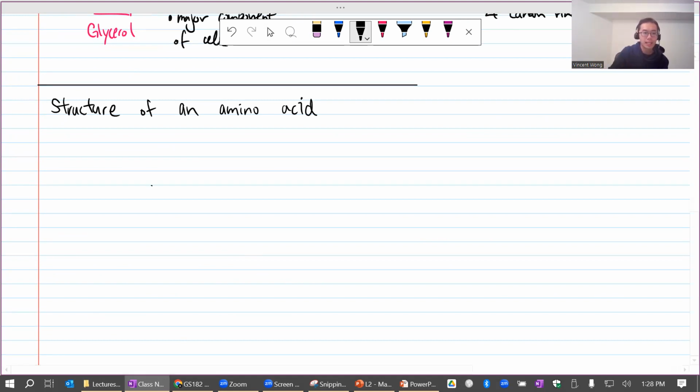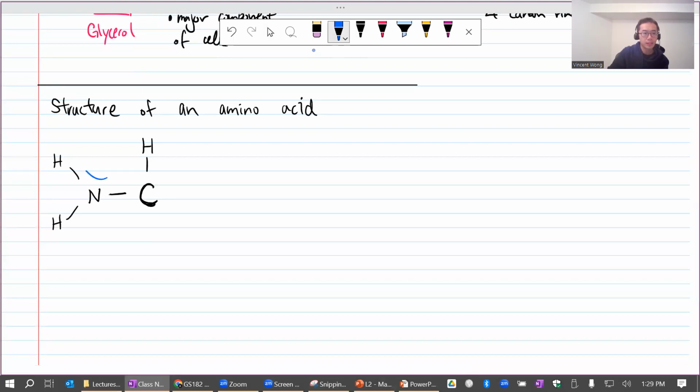Right? So there is a carbon in the middle, and it's connected to an H. And then on one end is connected to an NH2.